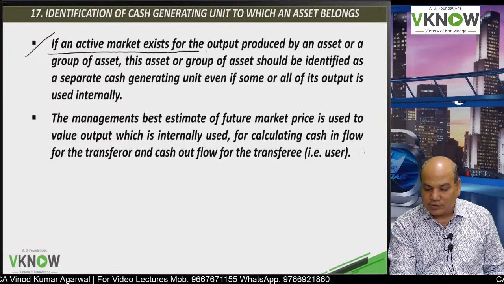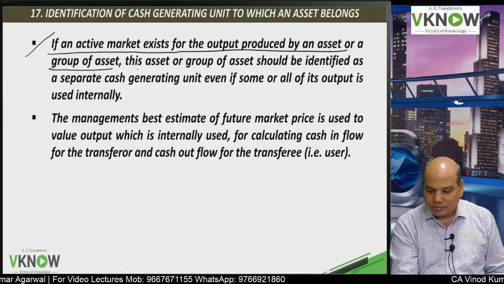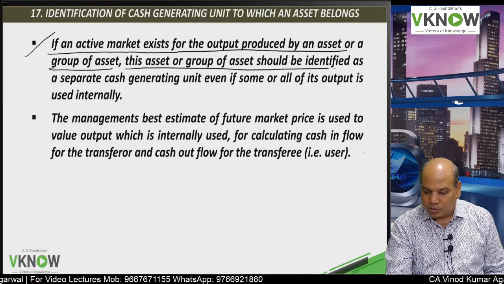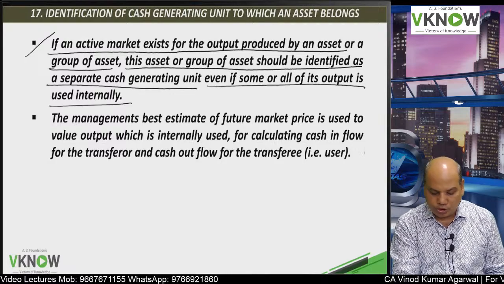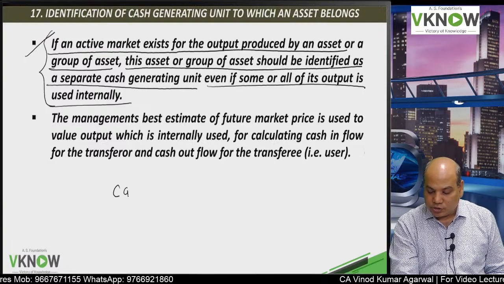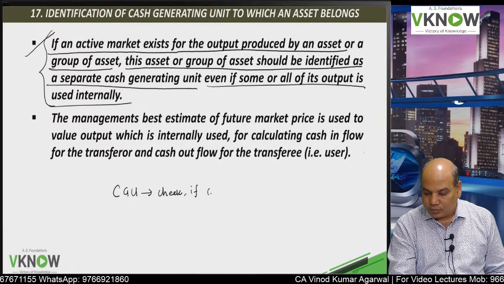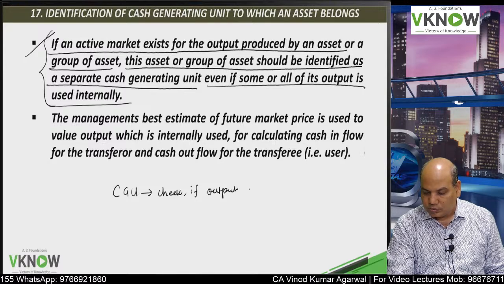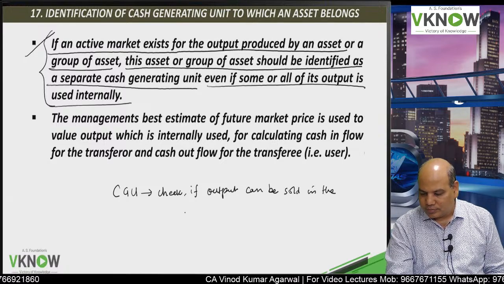If an active market exists for the output produced by an asset or a group of assets, this asset or group of assets should be identified as a cash generating unit even if some or all of the output is used independently. If there is a CGU, check if the output can be sold in the market.